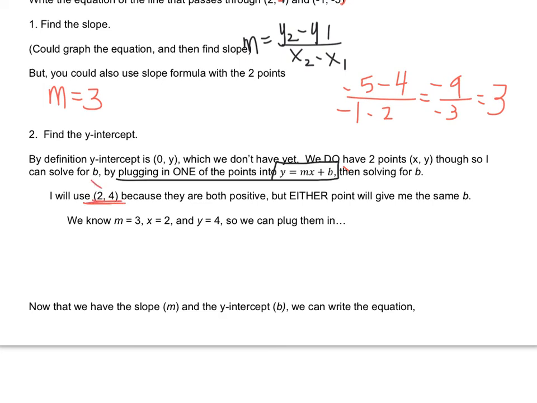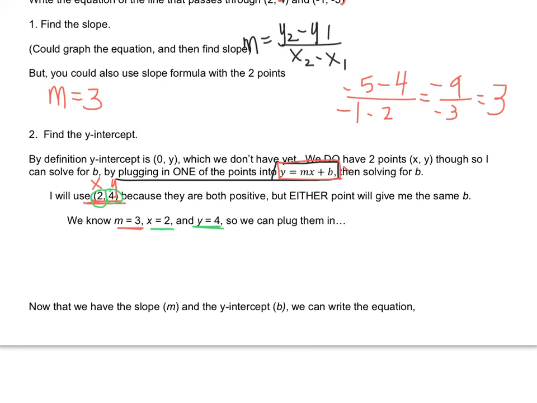Remember, this is an x value and this is a y value. So in the formula, y equals mx plus b, we're going to plug in. We know that the m is 3 because we just calculated it over here. And using this point, we know that the x value is 2 and the y value is 4.